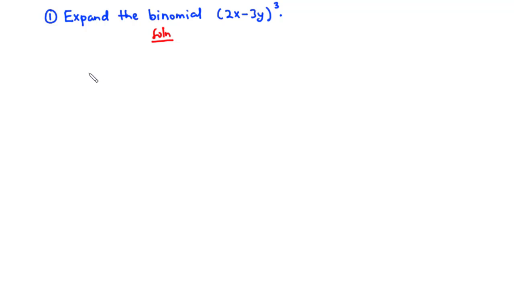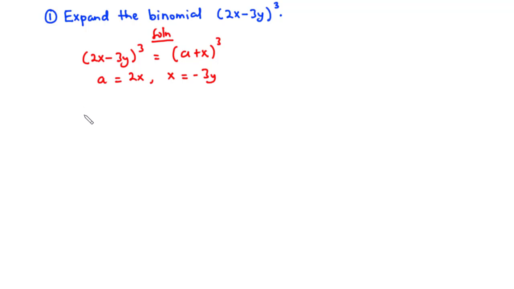First of all, let's rewrite the binomial: 2x minus 3y raised to the power 3. Now let's relate this binomial to a plus x raised to the power 3. So by comparison, our a is 2x and then x is negative 3y.